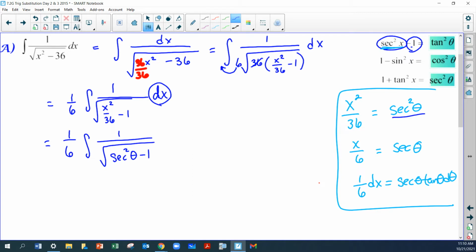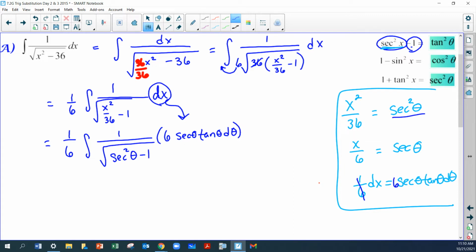And dx, what does dx trade out for? Ooh, I'd have to multiply by a 6, wouldn't I? So I'm going to multiply by 6, and do my substitution for dx. So I'm going to end up with 6 secant theta tan theta d theta.